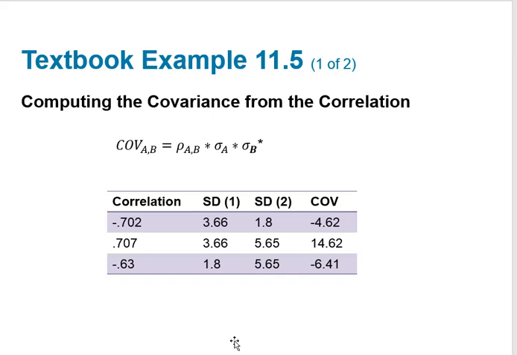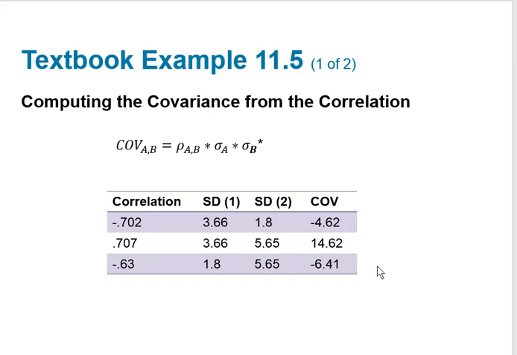The thing you want to know is correlation. So for these three assets, I've input the correlations, the standard deviation of the first asset, the standard deviation of the second asset, and here's our formula. We take the correlation times the standard deviation of A times the standard deviation of B. So the covariances are listed here on the right.